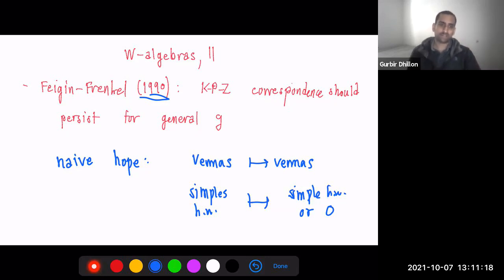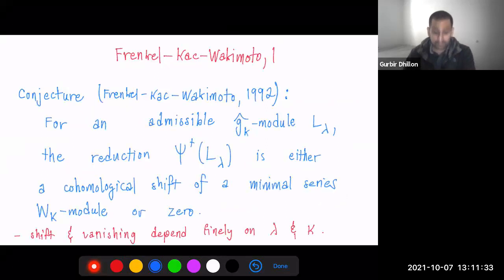But they said that Edward Frenkel, one of the two, had joint forthcoming work with Kac and Wakimoto that was going to give a more careful analysis and a more careful prediction. And that came 2 years later in this really nice, pretty famous work of Frenkel, Kac, Wakimoto.